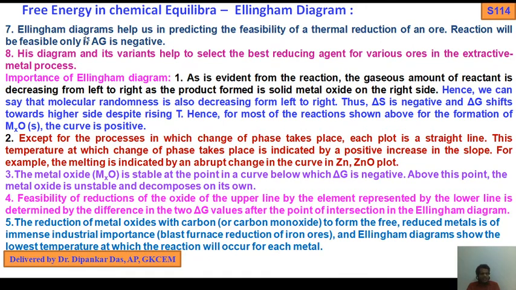Number 7: the Ellingham diagram helps us in predicting the feasibility of thermal reduction of an ore. The reaction will be feasible only if del G is negative.